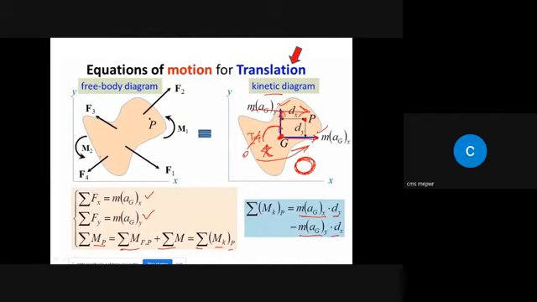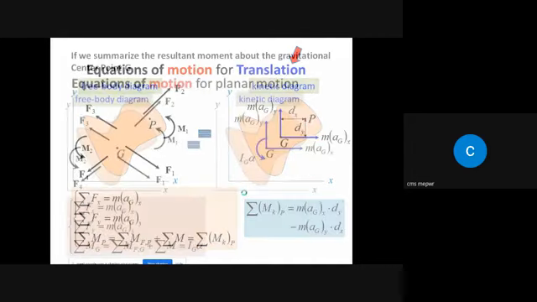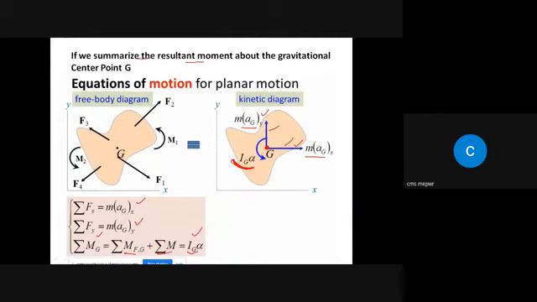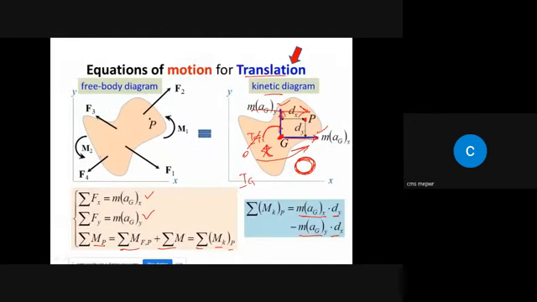And if you remember, over here we don't have any Ig alpha, because it's a pure translation case.